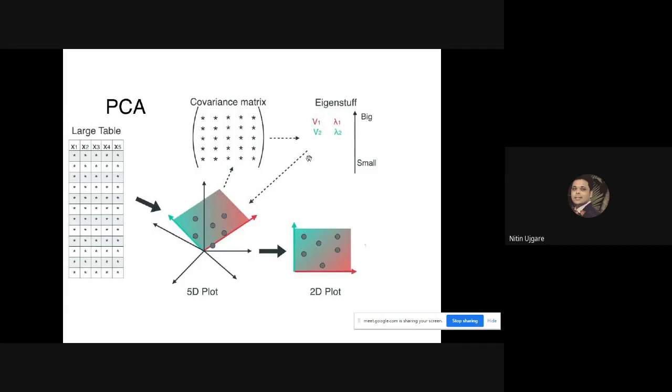Using the projection with the magnitude values of these 2 eigenvectors, we got the 2-dimensional input instance space, which looks like this. So that's it for principal component analysis.